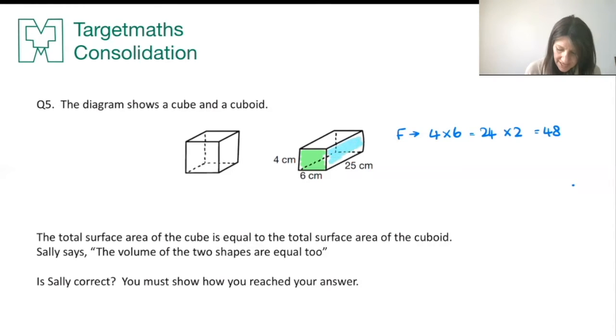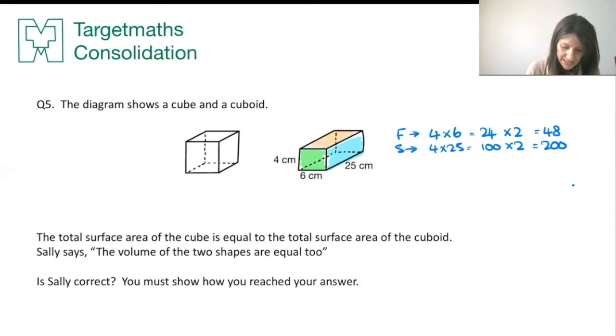I'll do this side next. Okay, so I've got the side that I'm working on now. That is 4 times 25, which is 100. And I'm going to double that because obviously the other side's the same. And might as well colour in the top, even though it's the only one left. There it is.